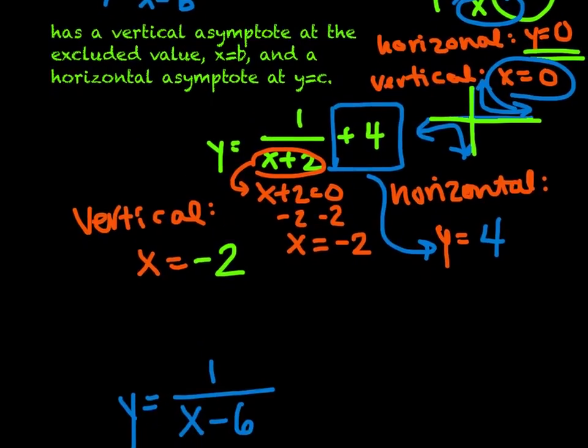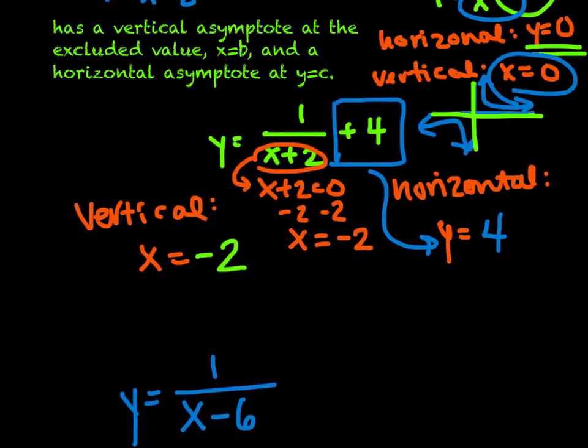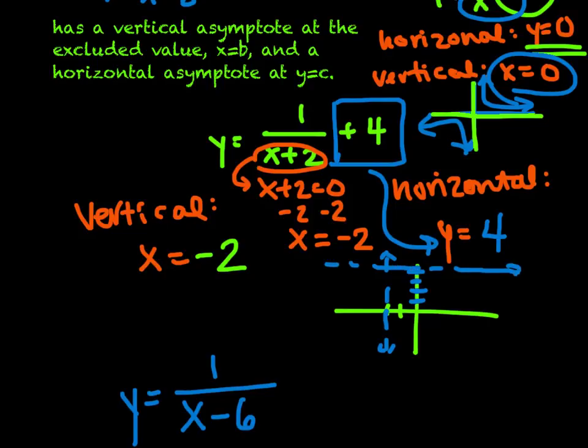So essentially our graph that we could create for this, we'd have a vertical asymptote right here at x is equal to negative 2, and we'd have a horizontal one up in the air at y is equal to 4. So then from there we would figure out what direction this whole thing is going.